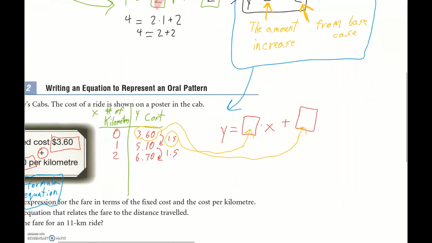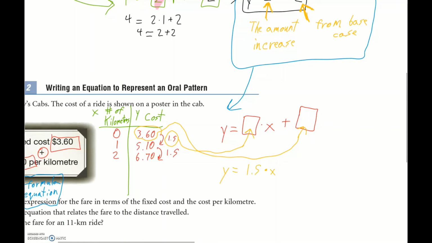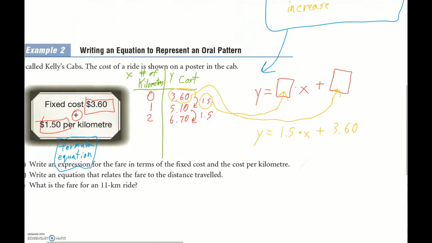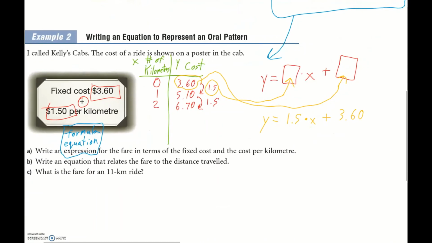Okay, so if we do that, we have y equals $1.50 times x plus $3.60. Now, if it asks us any number, we can change that. Okay, so let's say it asks us C here for an 11-kilometer ride.